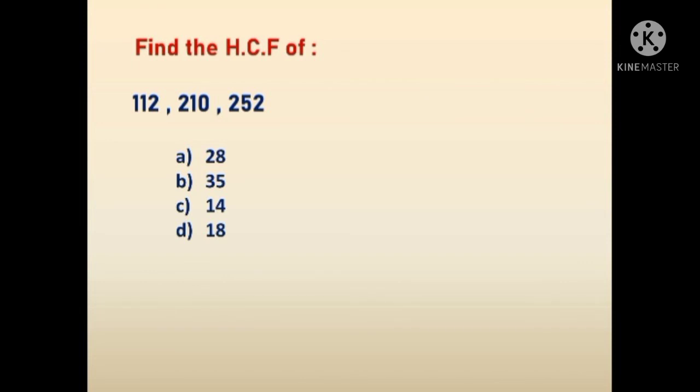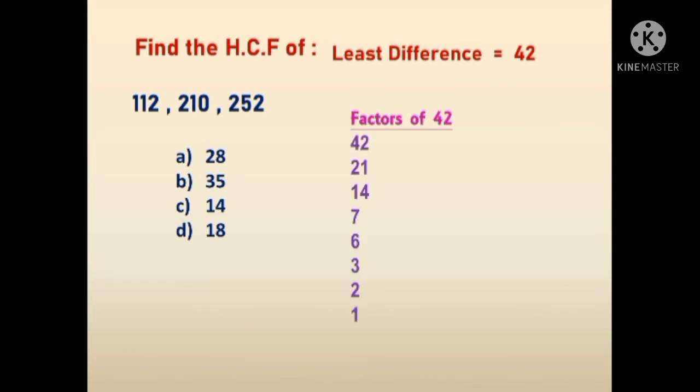So in this case, what will we do? If you follow this trick, we will find the least difference, right? So the least difference of this question is 42. Let us take a note of that. If we see, the least difference is not in the options. So it's not necessary to find whether the question is divided by the least difference. Directly we shall find the factors. If we find the factors of 42, we will get the factors list.